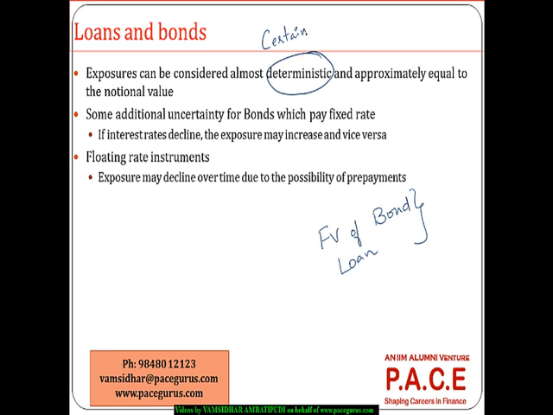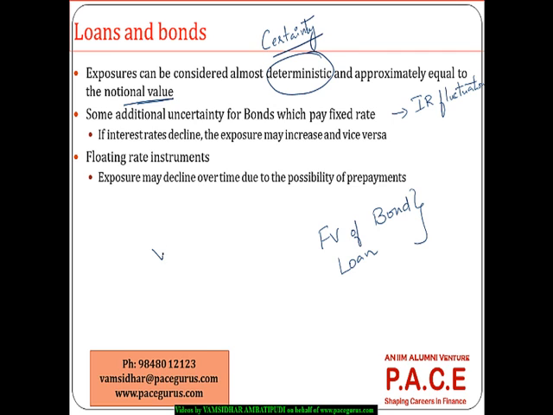There is very little uncertainty surrounding that, and it is generally equal to the notional value either of the loan or of the bond. But in case of bonds, additional uncertainty is because of the market rate, interest rate fluctuations, right? Probably there is a small difference in the value of the bond. If the interest rates fluctuate very heavily, then probably the difference is significant.